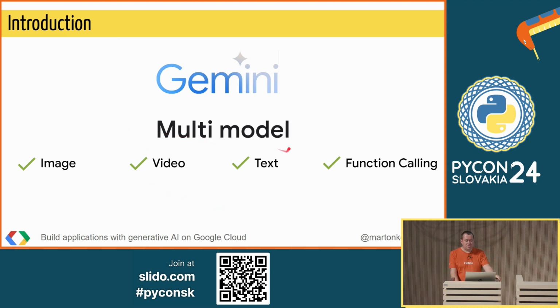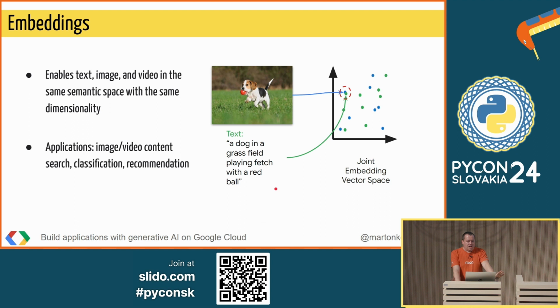Gemini. It's multimodal: image, video, text, function calling. Multimodal means that if I create an image, the embedding itself is represented in a vector space, and if I give a text, the same text is near the same embeddings.